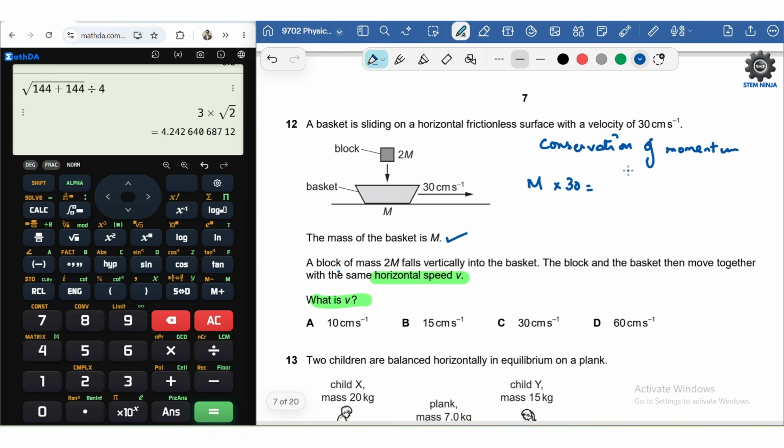Then after, it's not exactly a collision, but there is a change in the system. So this is now m plus 2m times v. Momentum will stay the same. So you have 3m v equals 30m. So m gets cancelled, and your v would be 30 divided by 3, which is 10.